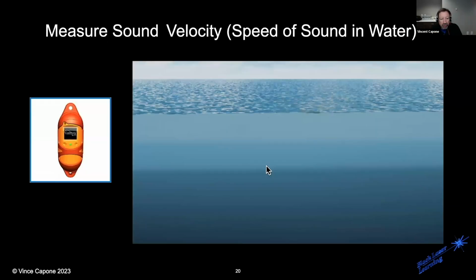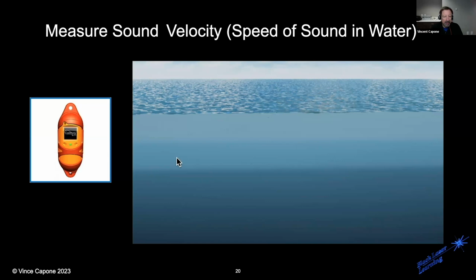One of the ways we can do the sound velocity profile is something as simple as this little CastAway. That's a football-sized sensor, and basically you just put it on the end of a line and drop it down to the bottom and retrieve it.